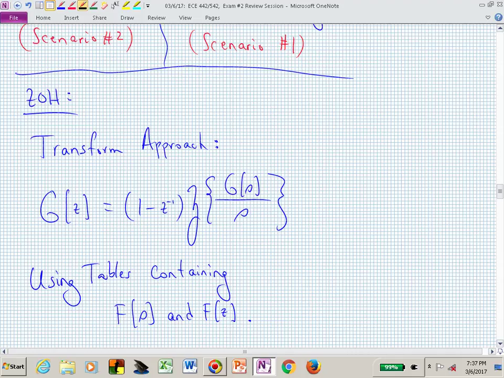Insert one more pole at the origin, and then we look at the tables and try to find where is this G of S over S structure. Or we may have to do a partial fraction expansion on G of S over S to identify the unique terms in that transform table.